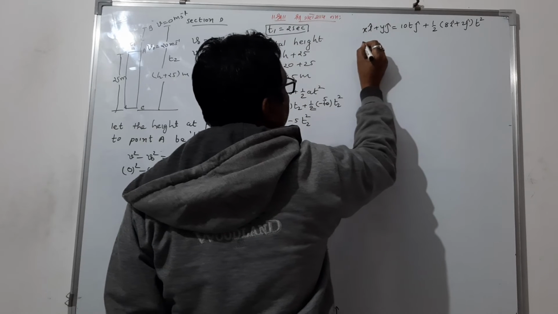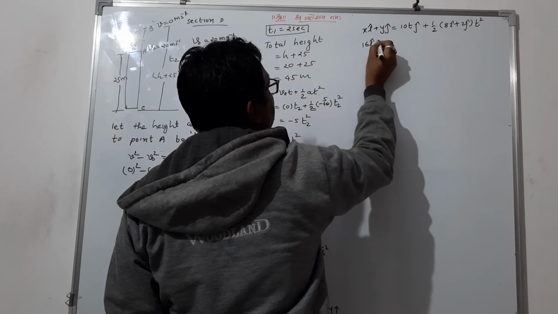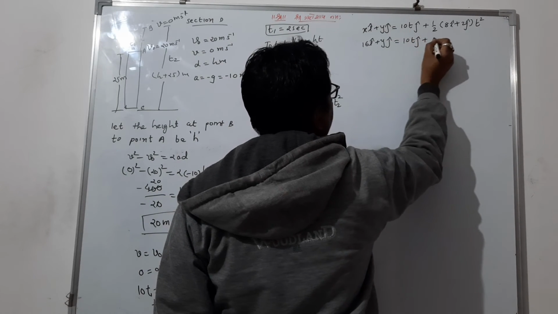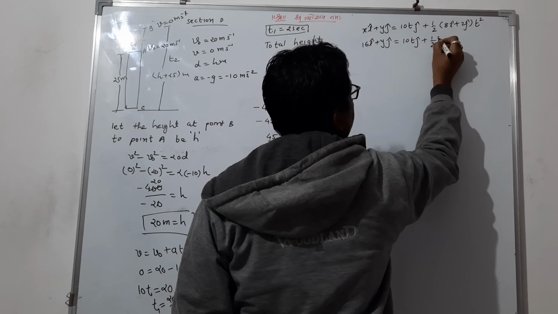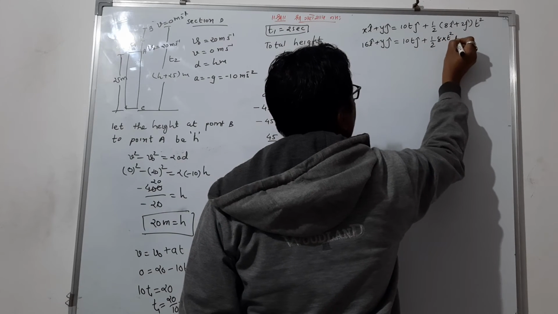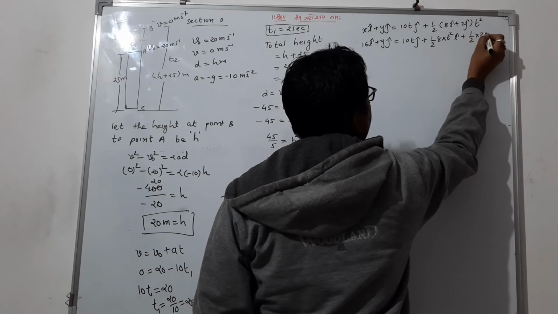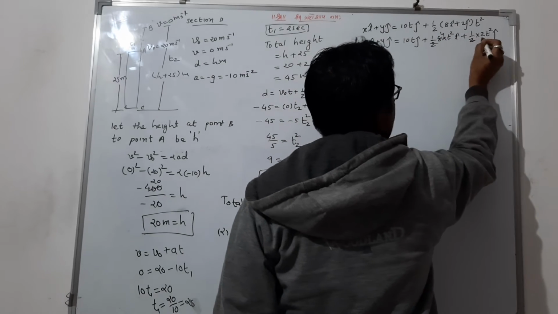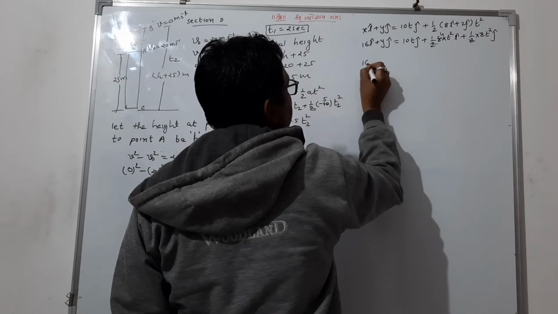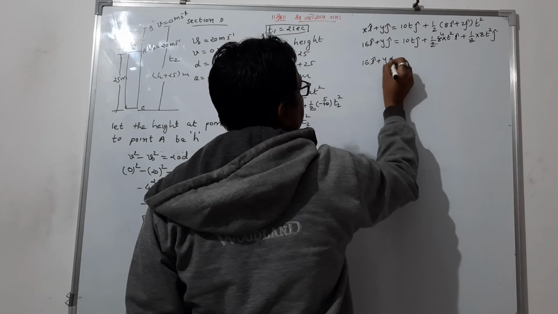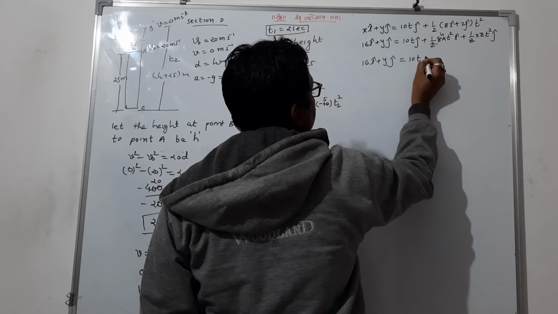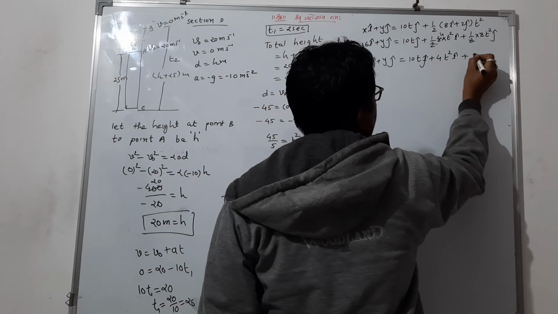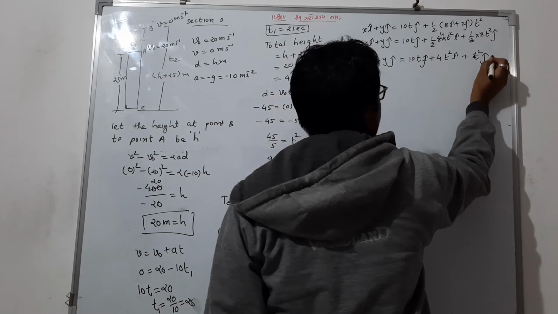So now x coordinate is given: 16i plus yj is equal to 10tj, 1 half and t square will be multiplied, 4t square i plus 1 half into 2 t square j. So it is 16i plus yj is equal to 10tj plus 4t square i plus t square j.